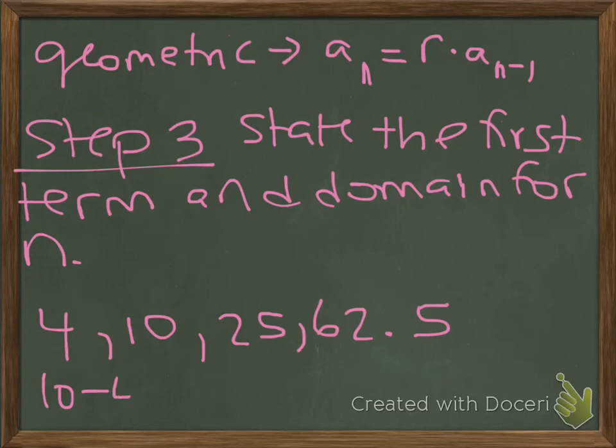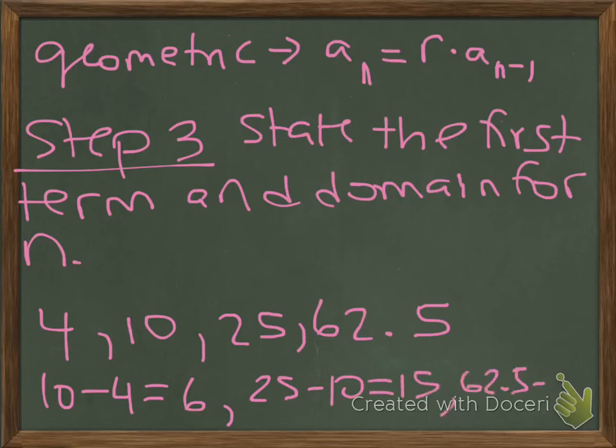So 10 minus 4 is 6. 25 minus 10 is 15. 62.5 minus 25 is 37.5. So this is clearly not a common difference situation. So we're going to have a geometric sequence, which to get the geometric ratio, we're going to have to take the second term and divide by the first term.